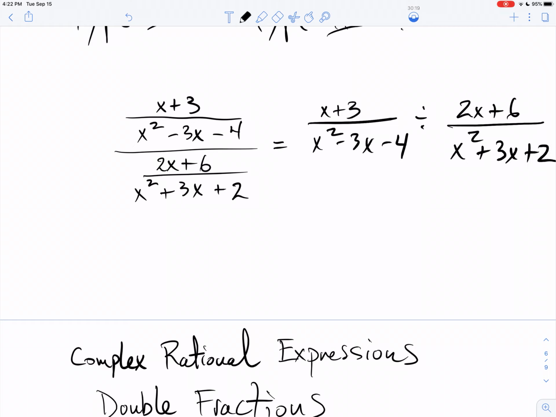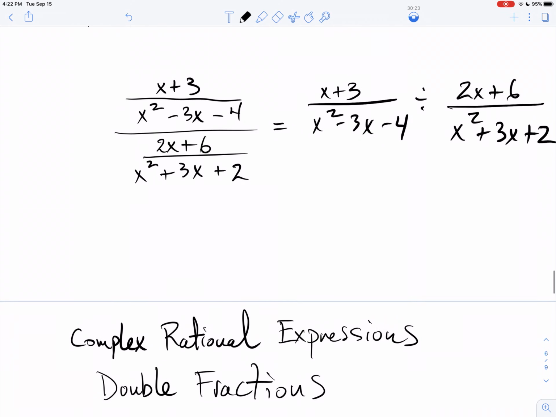And then you might say to yourself, hey, these complex rational expressions with double fractions are not so tough if I handle them the correct way.